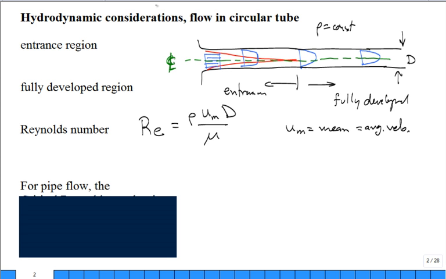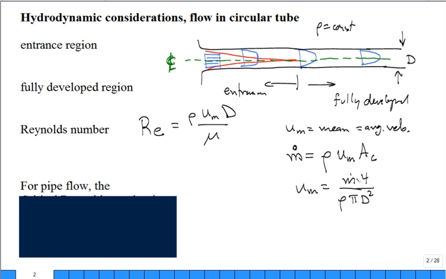We'd like the mean velocity to be very useful, and so if I said calculate the mass flow rate down the pipe, you'd say, oh, well, that's the density times that appropriate mean velocity times the cross-sectional area. True? So we can replace U sub M with the mass flow rate divided by rho, and then the cross-sectional area is pi diameter squared over 4.